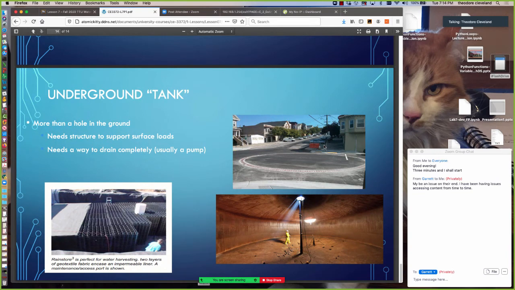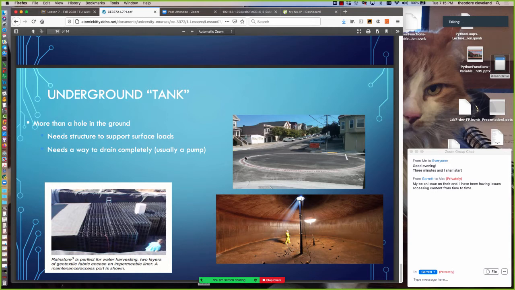The last type of tank I want to discuss in this first part of the lesson is an underground tank. So underground is desirable because it's kind of out of the way, but it has to perform a couple of roles, and like an elevated storage tank, an underground tank has a substantial structural component.